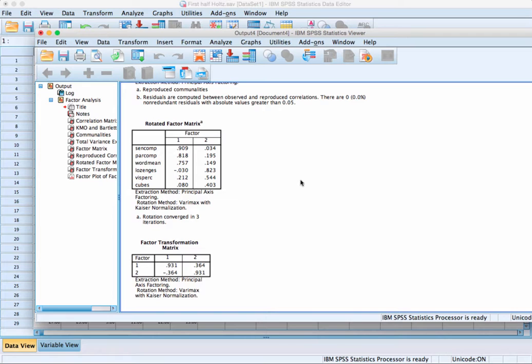And so now what we want to do is take that two-factor solution, and we want to relate these items to factor 1, the verbal factor, and factor 2, the spatial factor, in a confirmatory factor analysis to further validate this factor structure as it would be hypothesized to exist in the population.